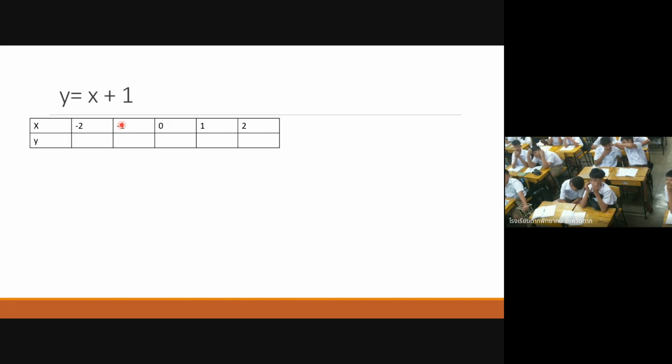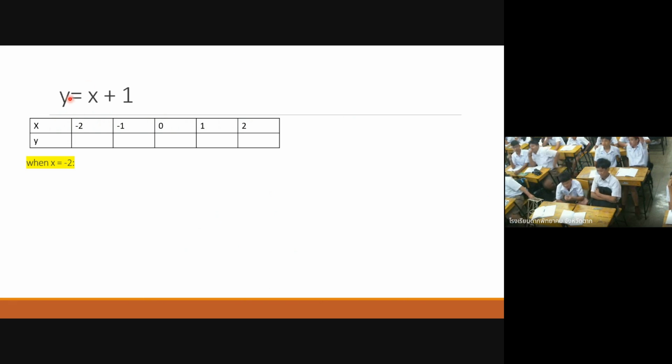Okay? Now, from what we have learned last time, we identify the value of one variable using the value of the other variable, right? Now, we have here x is equal to negative 2, x equals negative 1, x equals 0, x equals 1, and x equals 2. Now, everyone, what's the value of y when x is negative 2?